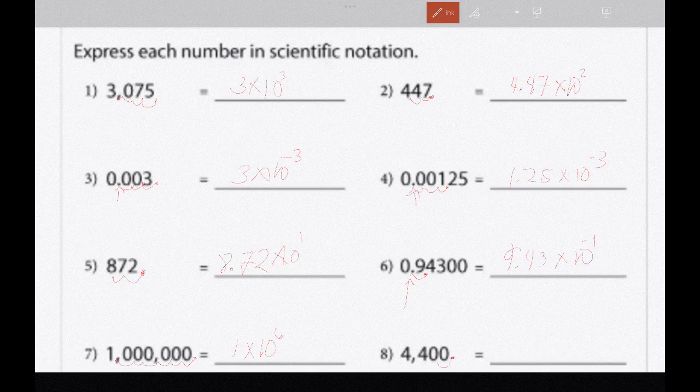So 1, 2, 3. So 4.4. Sorry for that. And then we move it 3 times 10 to positive 3. So that's how you convert a standard form value into a scientific notation.